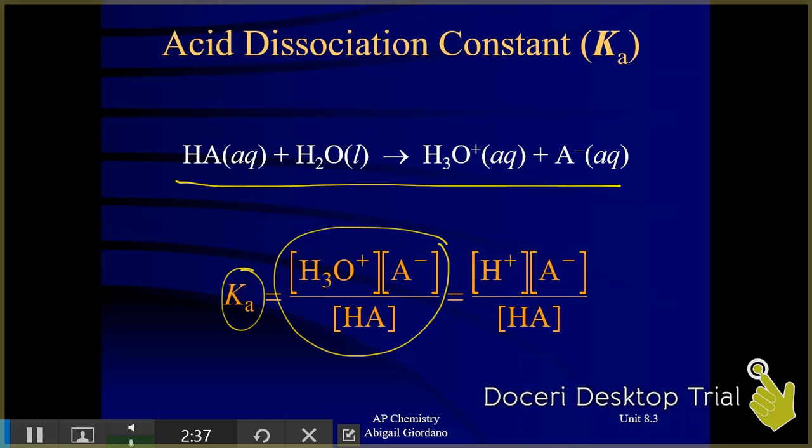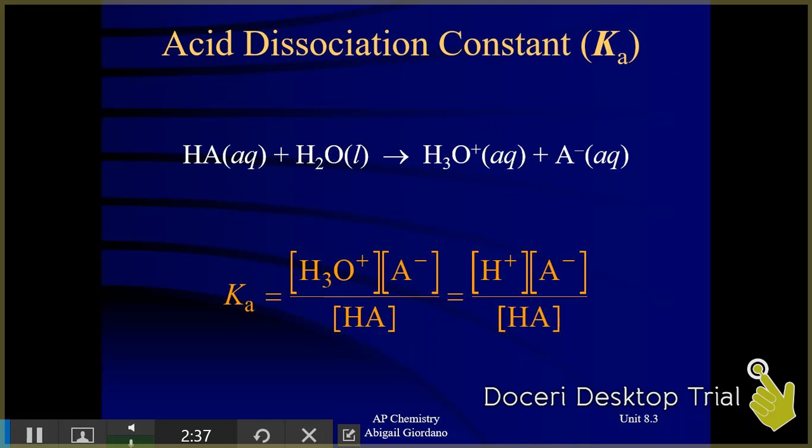Why is water not included in that expression? Of course, because it is a liquid. Liquids are excluded. Remember, guys, that H plus and H3O plus represent the same thing. So you can write an acid's dissociation equilibrium expression either way; they mean the same thing.